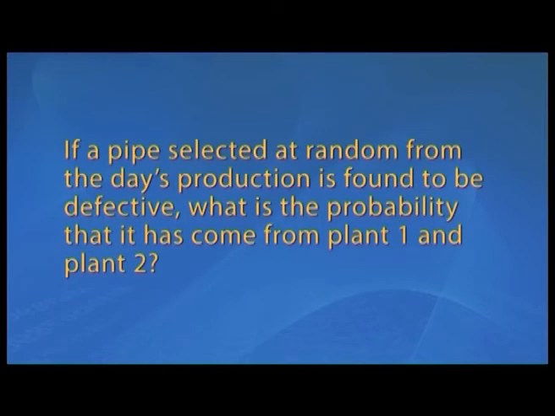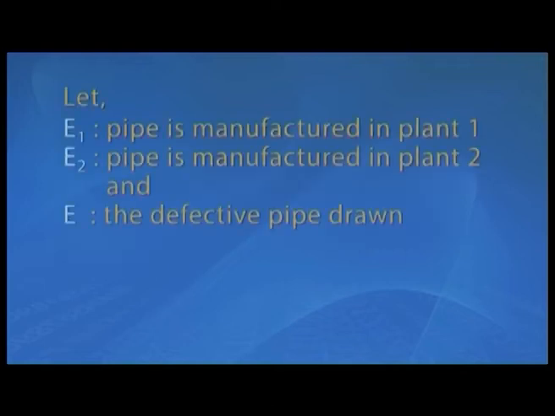If a pipe selected at random from the day's production is found to be defective, what is the probability that it has come from plant 1 and plant 2? Let E1 denote that the pipe is manufactured in plant 1 and E2 denote that the pipe is manufactured in plant 2, and E denotes the defective pipe drawn.